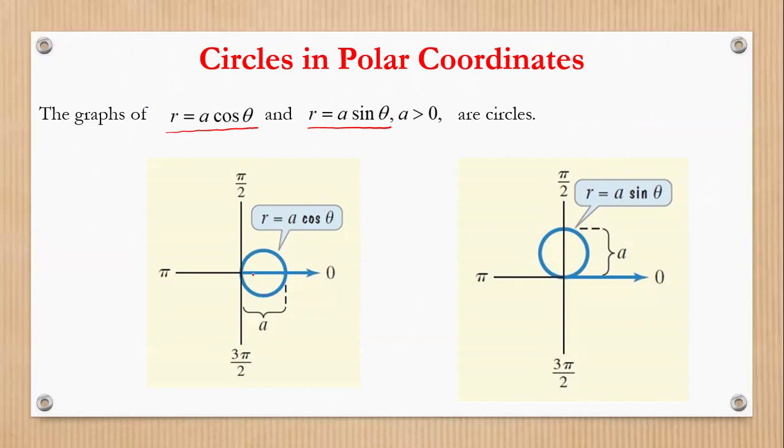And the diameter of the circle is exactly the a, the number that I have here. If the number is 2, that means the whole diameter is 2. If it's 4, it's 4. But if I have sine theta, the circle should be along the y-axis.